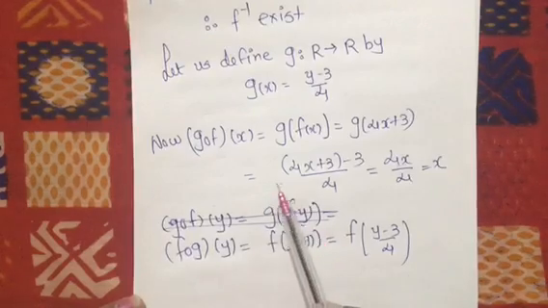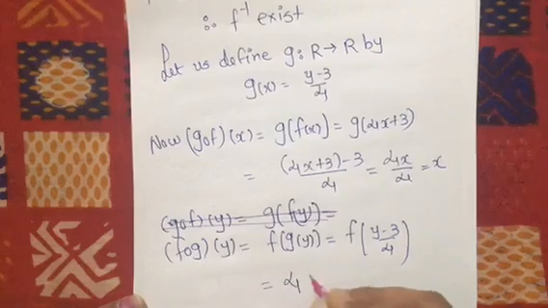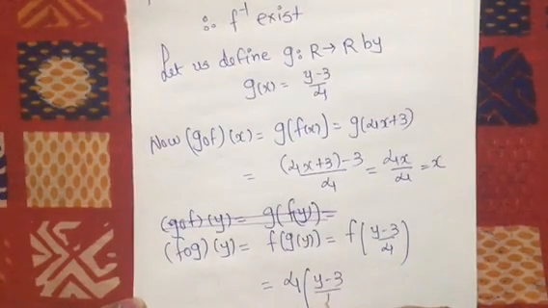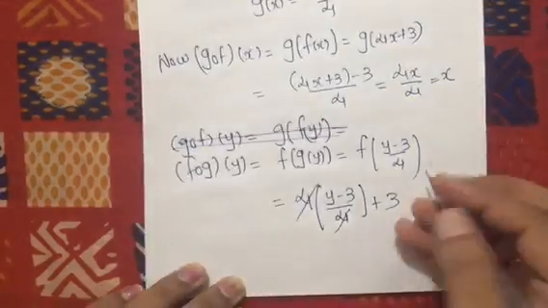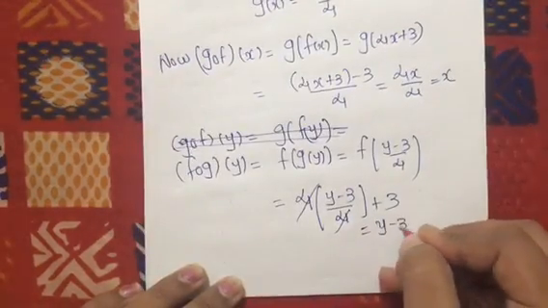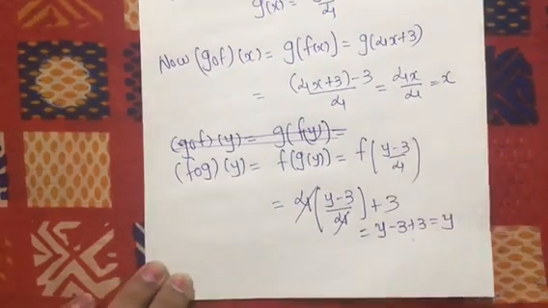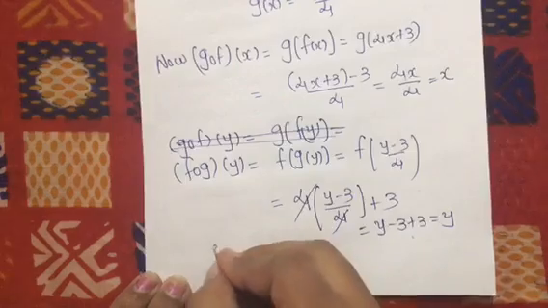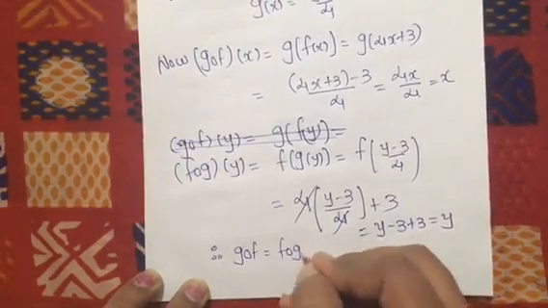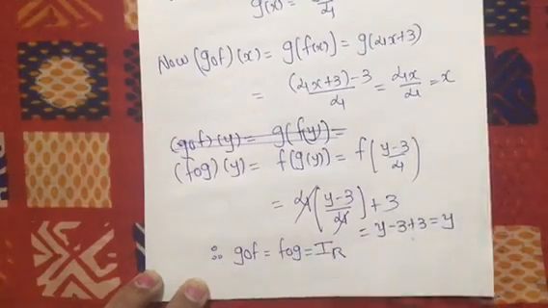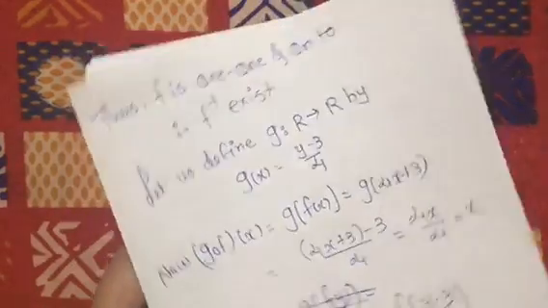So f of (y minus 3) divided by 4. f of x is 4x plus 3, so here this value comes: 4 times (y minus 3) divided by 4 plus 3. The 4 cancels. y minus 3 plus 3 equals y. Therefore g of f equals f of g equals identity on R. Hence f is an invertible function.